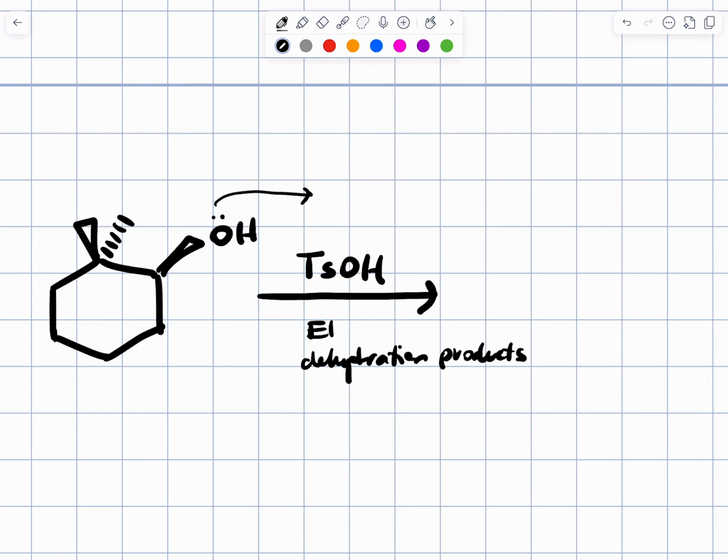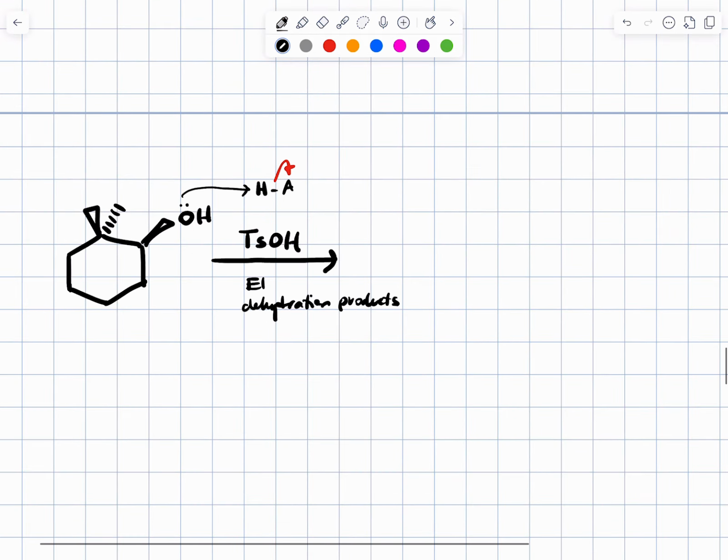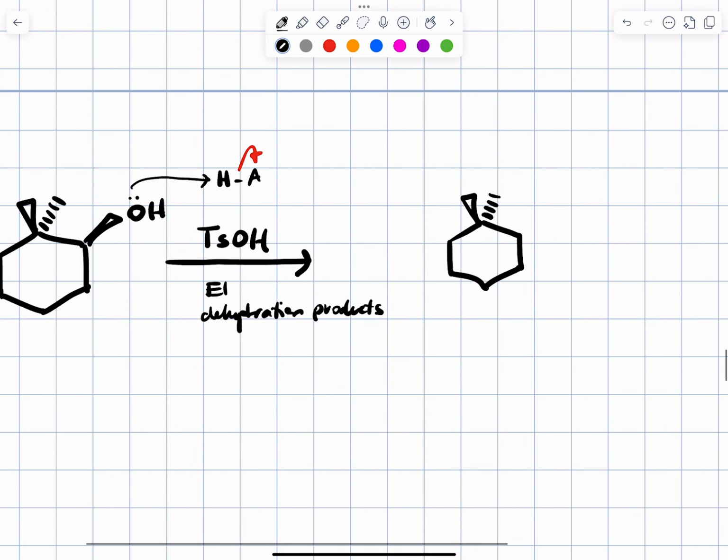So first, you would protonate the OH to convert it to a good leaving group. We're going to do this question in predict the products format, which means we're not sure what the products are, we have to predict them. Sometimes using mechanism is a great way to predict the products.